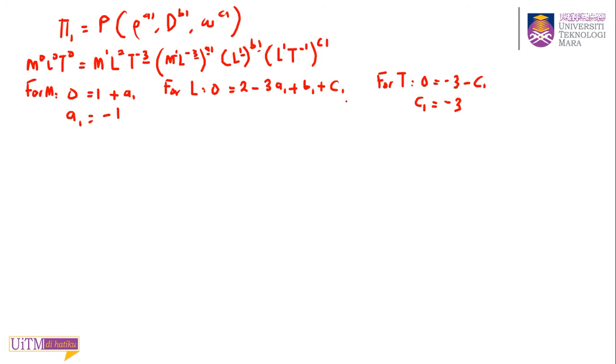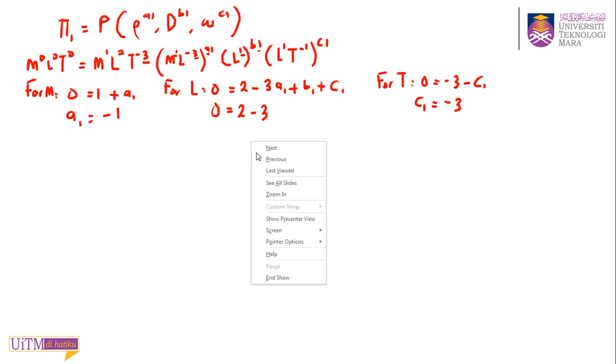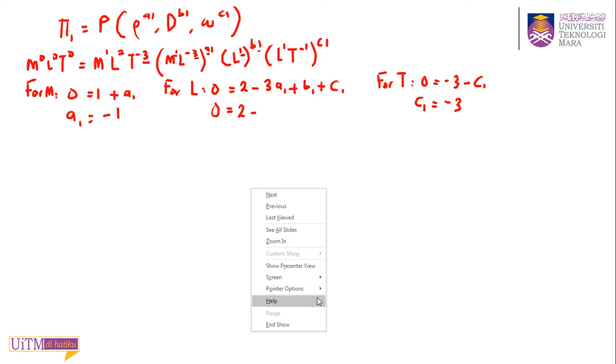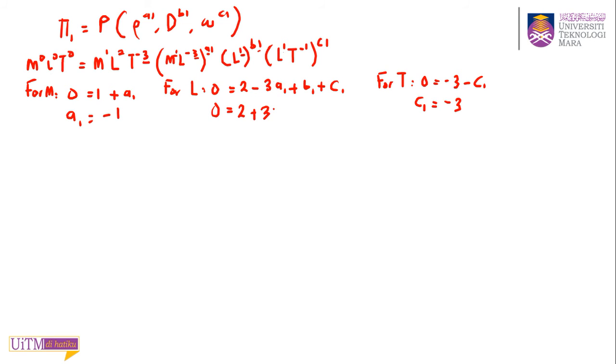Now you know C1 is minus 3, so you can solve for B1. 2 minus 3 times minus 1, so this will be plus 3, plus B1, and C1 is equal to minus 3.